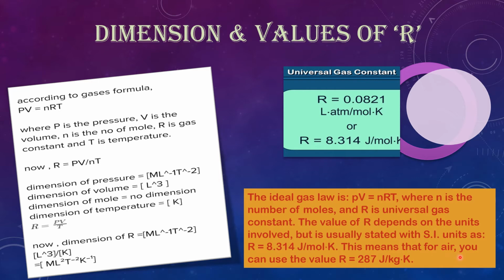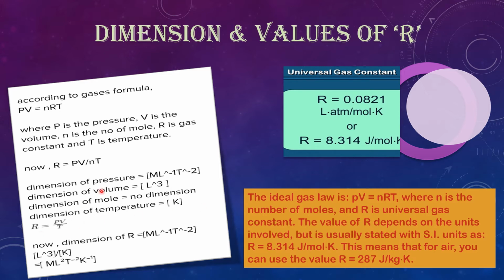This means that for air, you can use the value R is equal to 287 joule per kg Kelvin. The universal gas constant value is R is equal to 0.0821 liter atmosphere per mole Kelvin, or R is equal to 8.314 joule per mole Kelvin. This is the value of R.